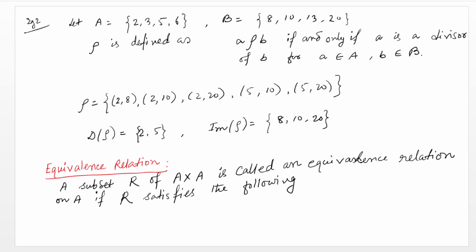What are the properties? First, (a, a) belongs to the relation R for all a belonging to the set A. In this scenario we call R reflexive. Reflexive is a property.